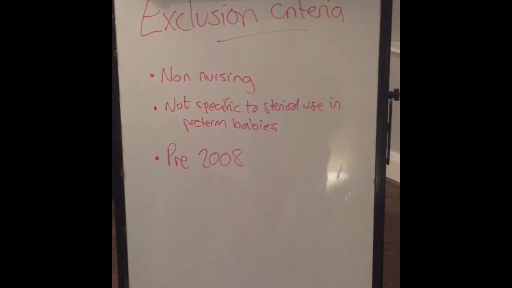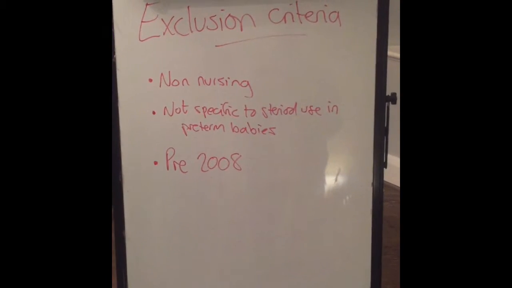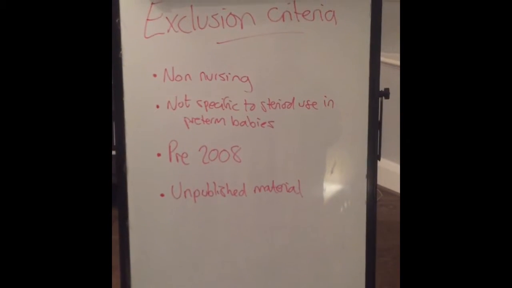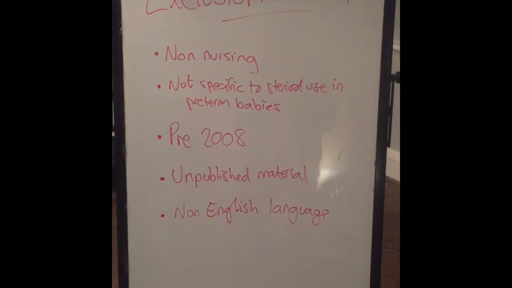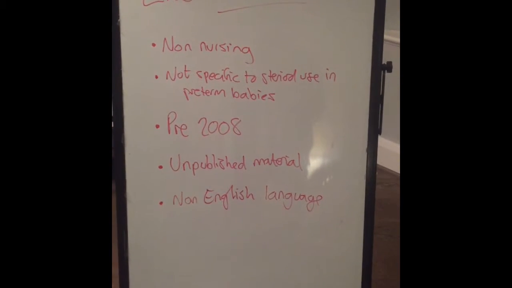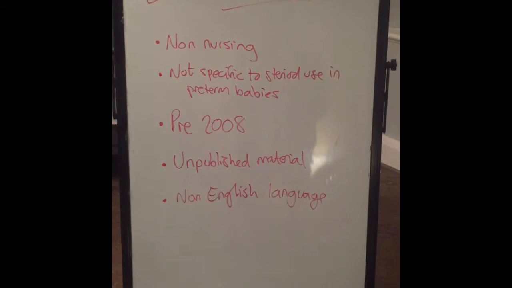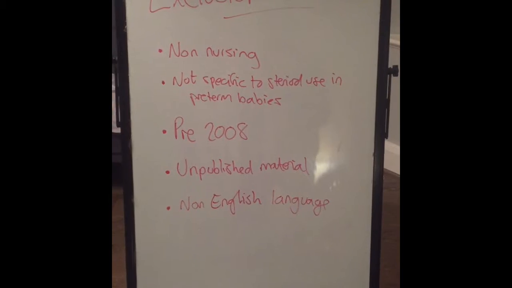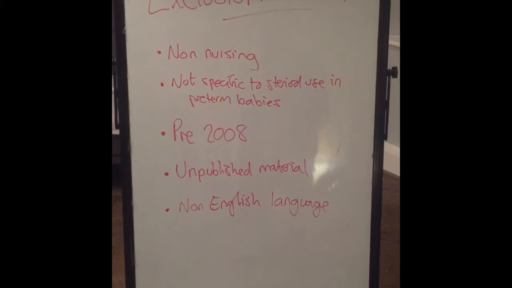Any material pre-2008 will not include any unpublished material and any literature that is not written in English. You must make sure you justify your inclusion and exclusion criteria so the reader of your study can see how you came up with them specifically to fit your research question.